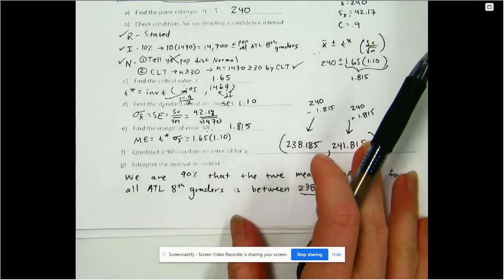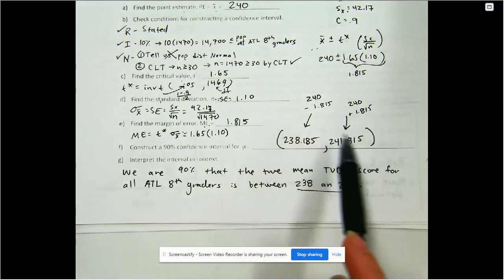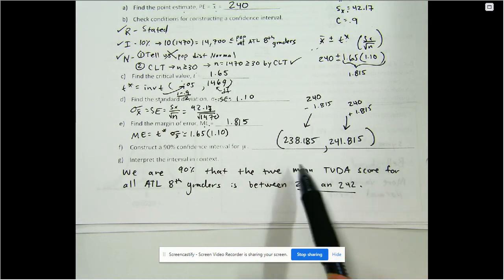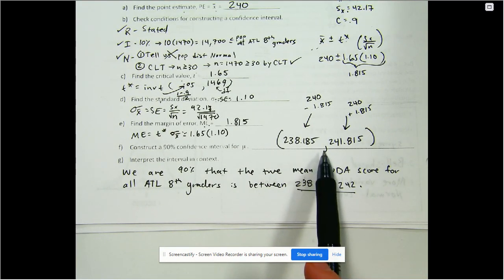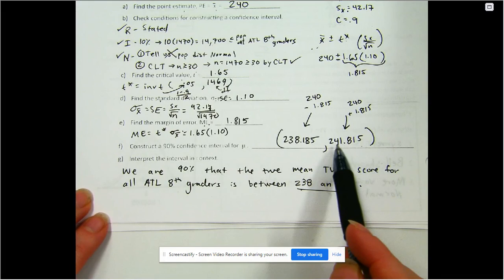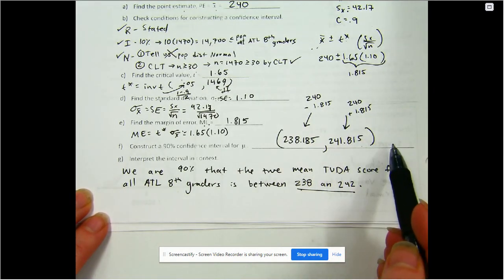But the whole purpose of creating a confidence interval is to give a plausible range of values. So this is our plausible range of values. Is 243 in this interval? It isn't. This interval of values is well below 243.